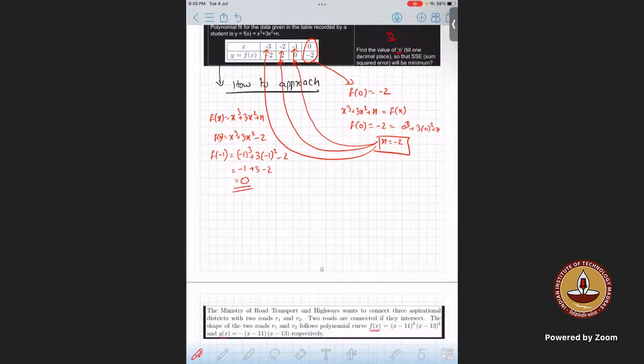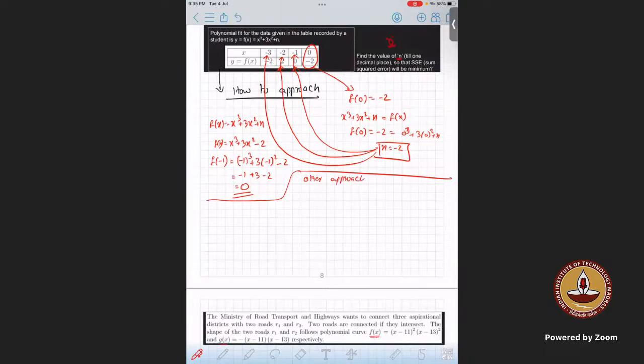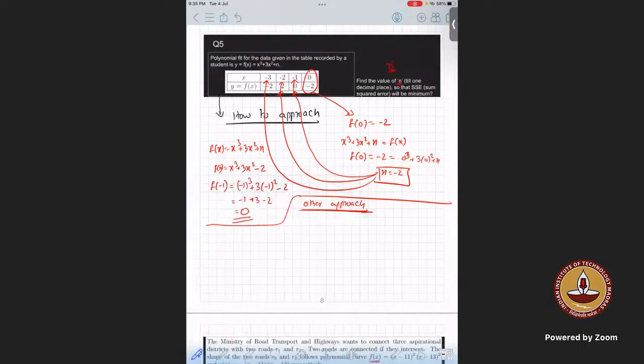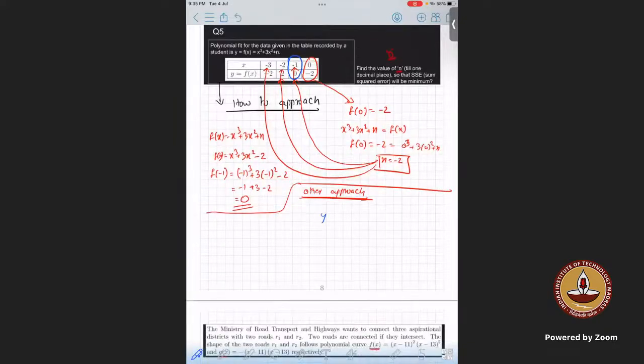Yeah. Look, now, what is the other approach? In this you take one point, like y equal to 0, which equals x cube plus 3x square plus n equal to 0.